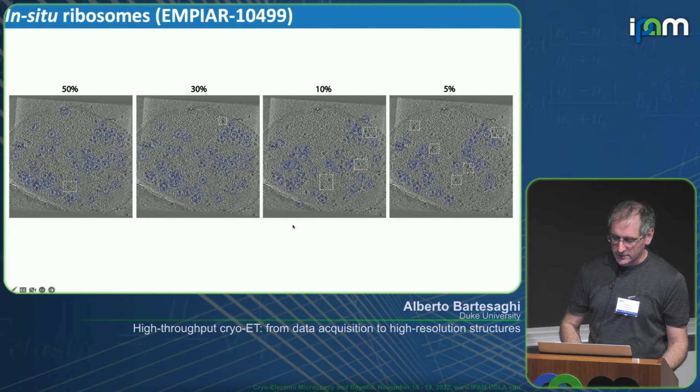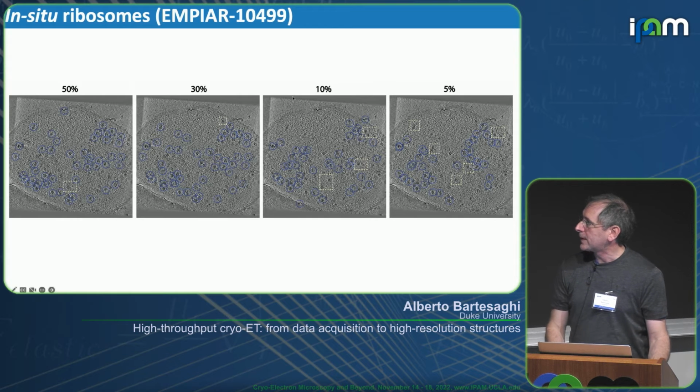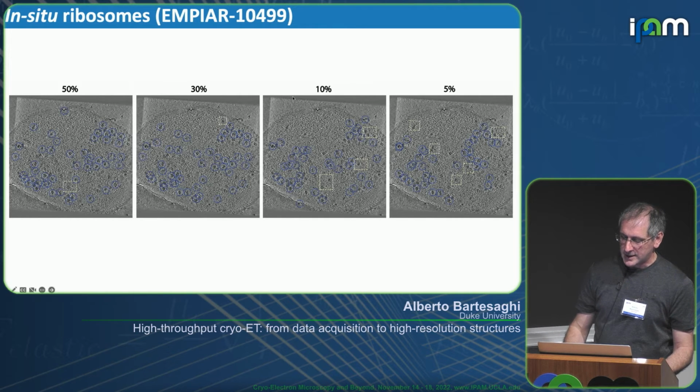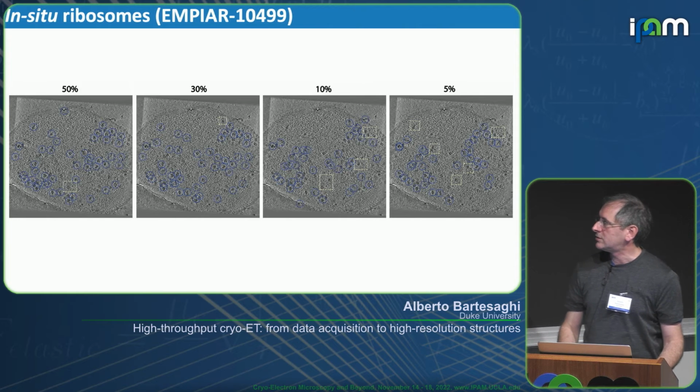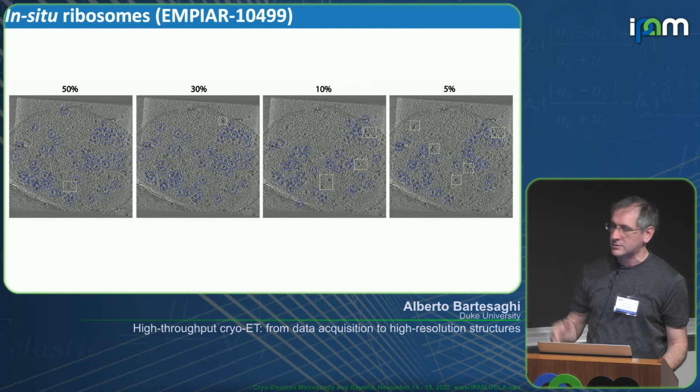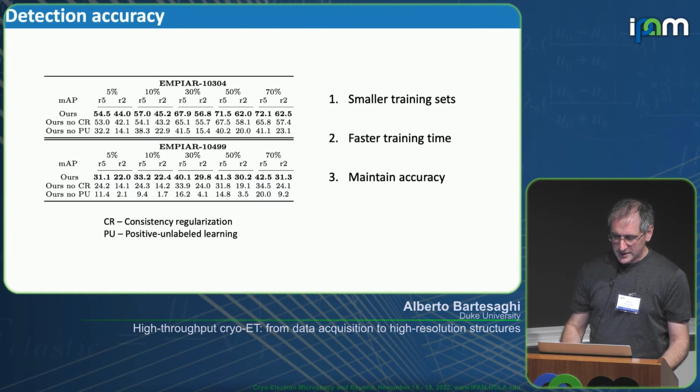And again, for 10% we pick most of the particles, and what that means is that 10% is essentially we select about 10 particles on a single tomogram. That's what the 10% means in this case. So that's something you can really do. It's not very time consuming, and you can then run it on the entire data set.